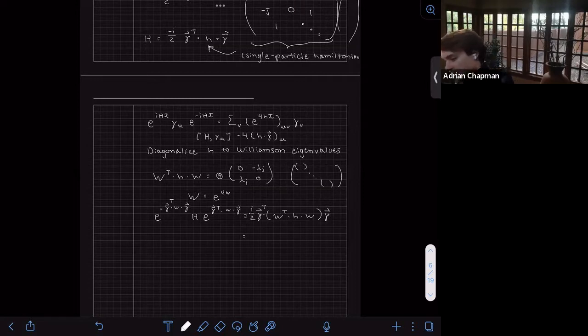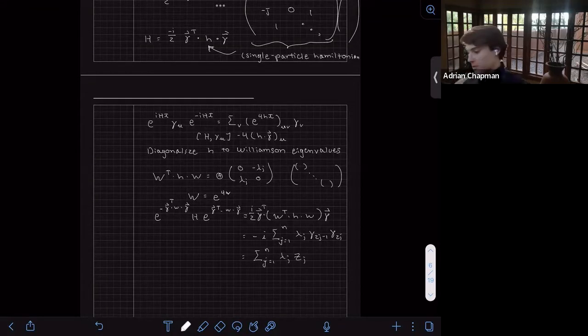And then I can write this as, I believe, minus i times the sum, which I then define, going backwards through the Jordan-Wigner transformation, like this.